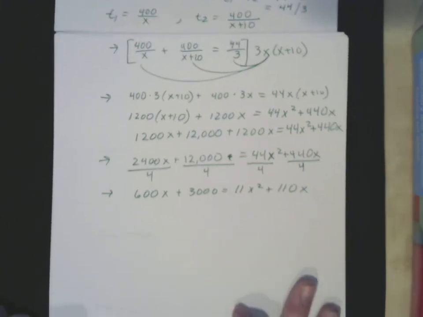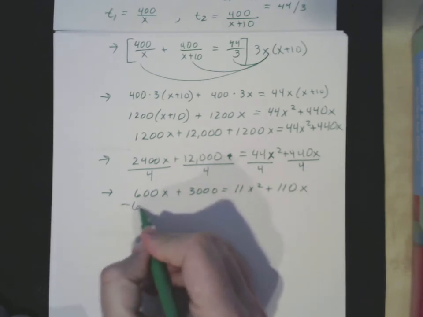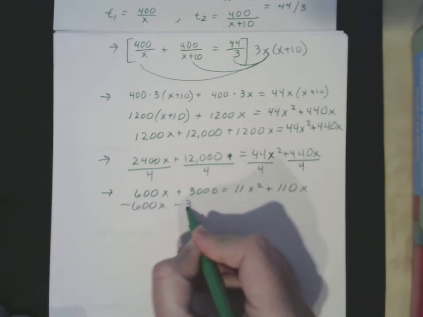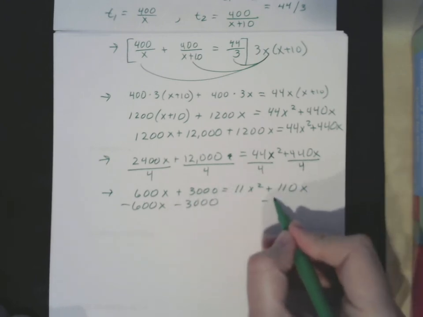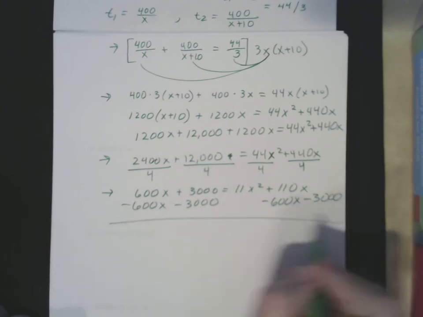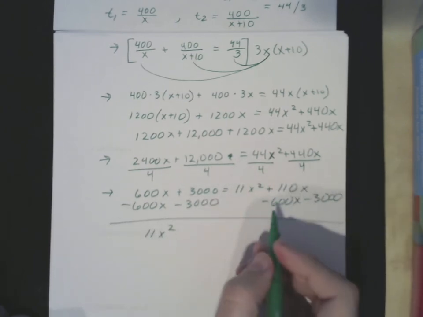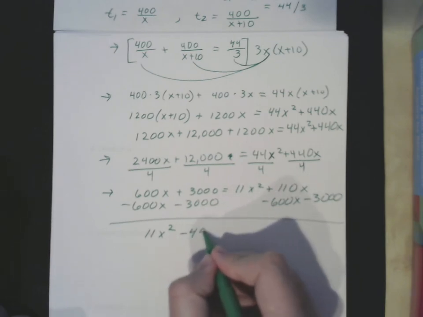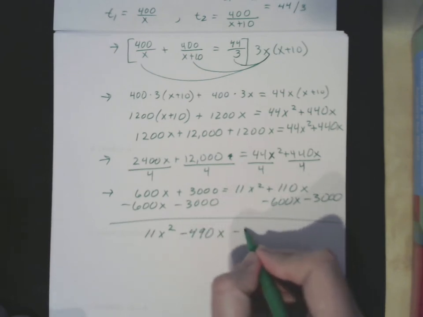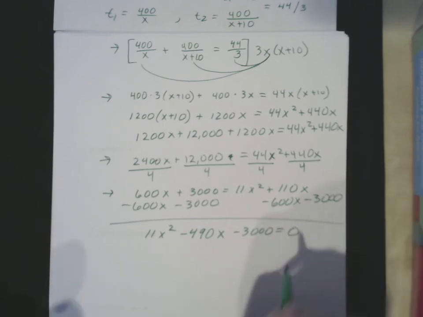Now we're going to move everything to one side, so because of the x squared here, I'm going to move this stuff over. So minus 600x minus 3,000. We end up with 11x squared, 110 minus 600 is negative 490x, minus 3,000 equals 0.